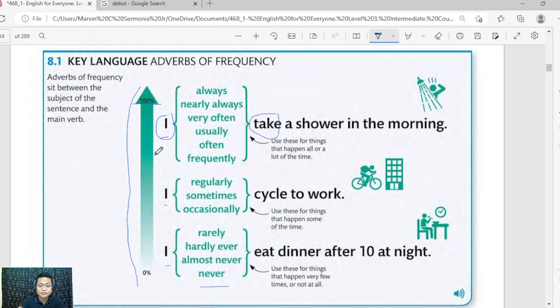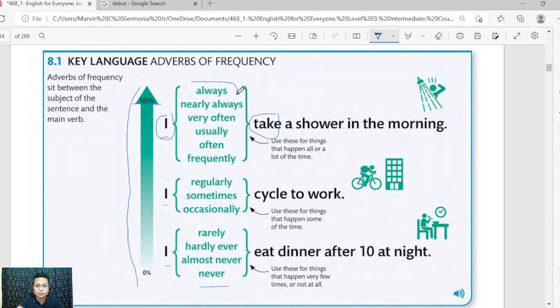So allow me to read the following examples. We have always, nearly always, very often or often, usually, often, and frequently. Now, when do we use these adverbs of frequency? Use these for things that happen all or a lot of the time.